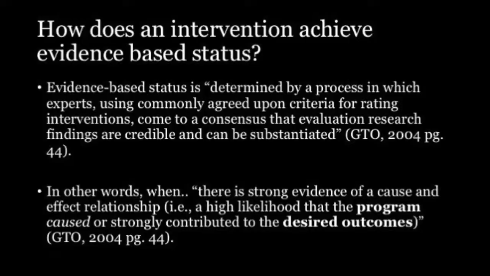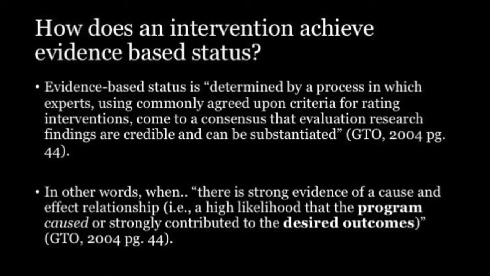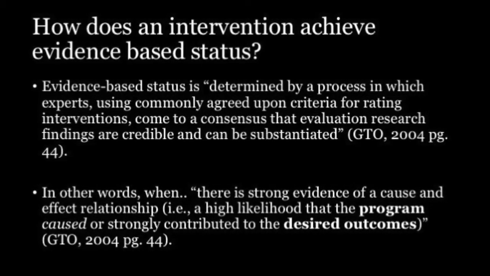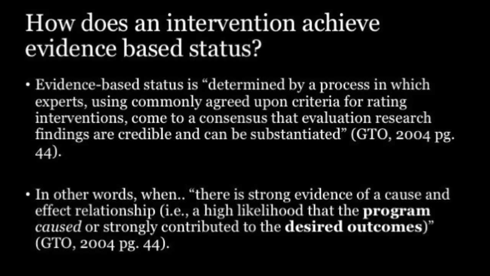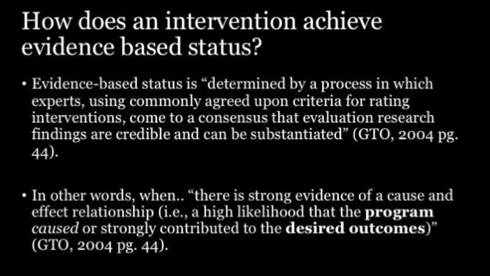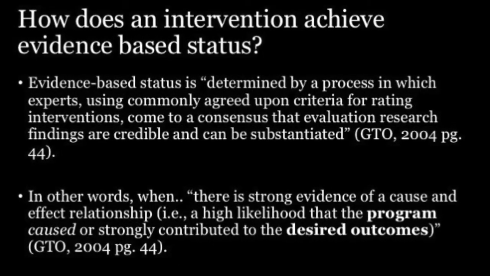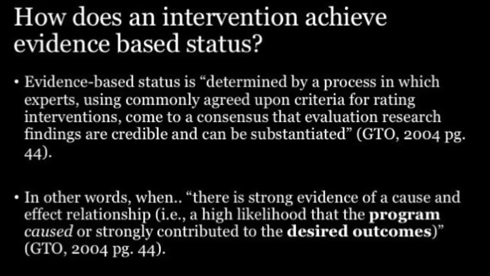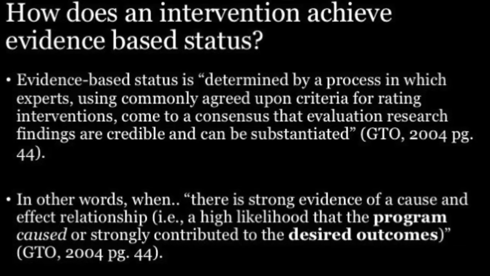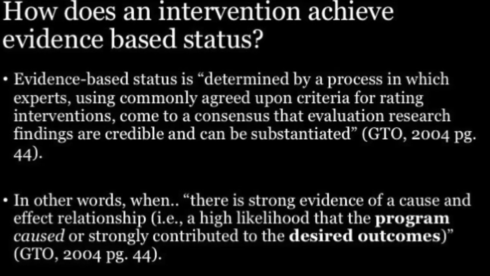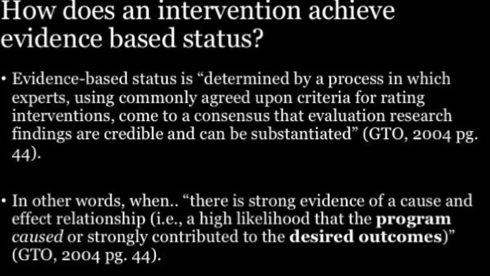Now, evidence-based status is determined by a process in which experts, using commonly agreed upon criteria for rating interventions, come to a consensus that evaluation research findings are credible and can be substantiated. In other words, when there is a strong evidence of a cause and effect relationship, right? That this intervention has caused or strongly contributed to the desired outcomes.